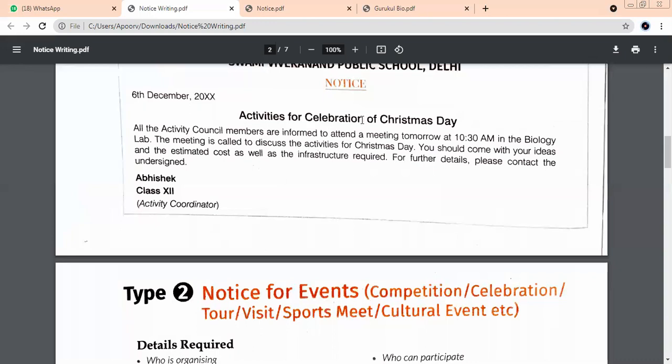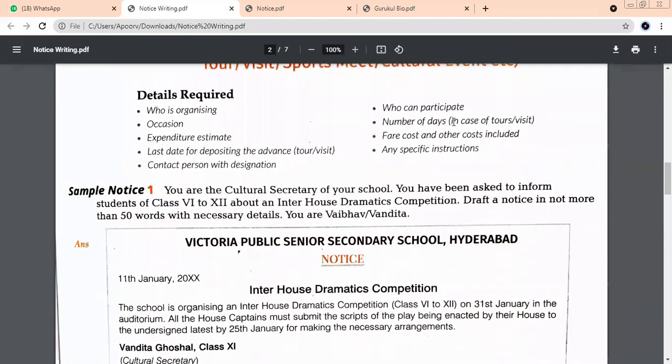Activity, celebration, Christmas Day. Understood? Similarly, when you write here also, the first letter should be capital. The entire thing should not be written in capital letters. Only the first letter should be capital, except for the prepositions and conjunctions.